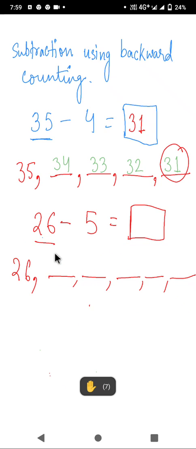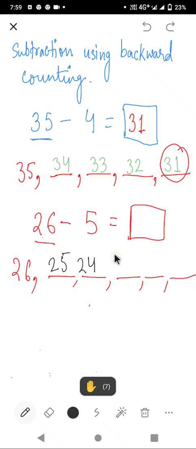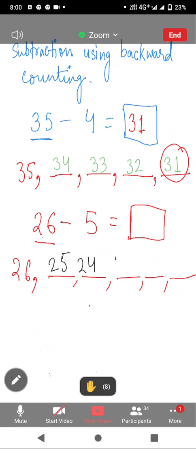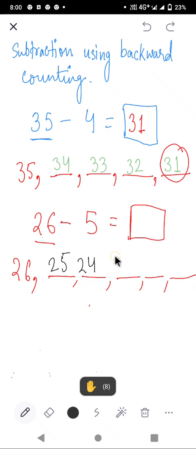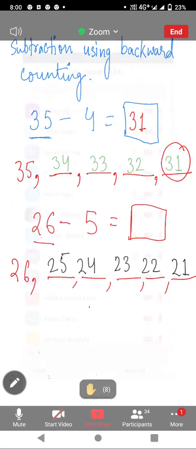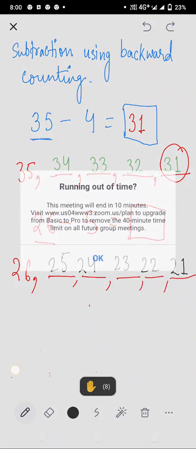Before 26, 25, 24, 23, 22, then at last 21. So what will be the answer, students? 21. Yes.